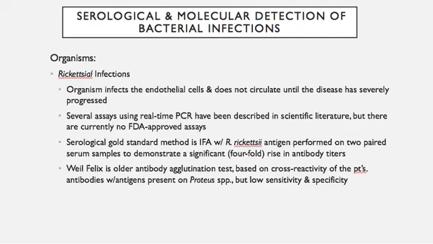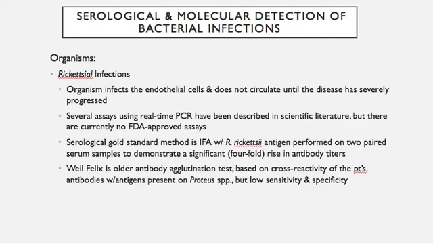Okay, rickettsial infections. These organisms infect the endothelial cells, but do not circulate until the disease has severely progressed. There are several assays using real-time PCR that have been described in scientific literature, but there are currently no FDA-approved assays.